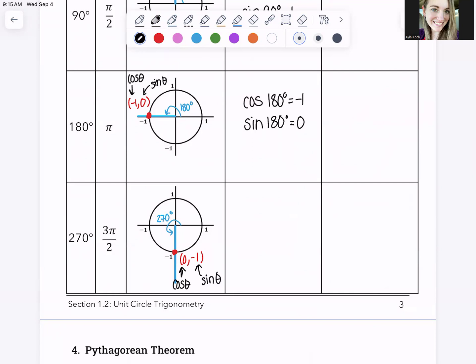So we have that cosine of 270 degrees is equal to 0. And sine of 270 degrees is equal to -1. So those are all those 90-degree special angles.